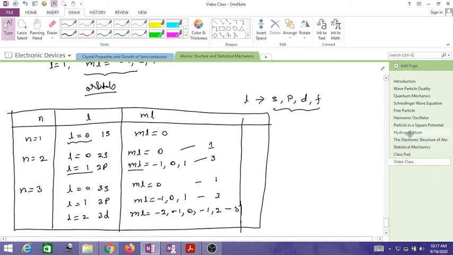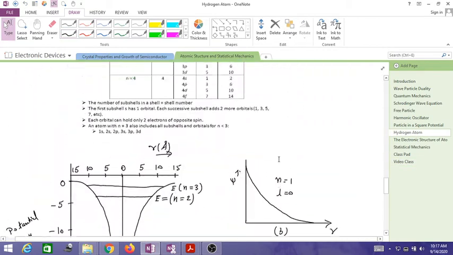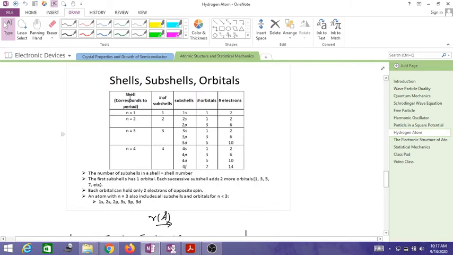Okay, so I'll show you the table here. Now the principal shell n is equal to 1, so L is equal to 0. It means we have one subshell. Don't get confused between the L equal to 0 value and the n value of 1. So it means it is 1s, and the ML value, the number of orbitals, is equal to 1.